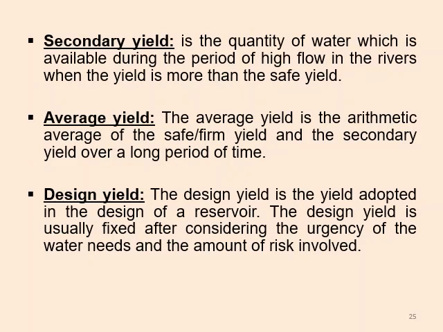It is the quantity of water which is available during the period of high flow in the rivers or streams when the yield is more than the safe yield. So it is a secondary type of yield. And when will it happen? During the period of high flow in reservoirs.